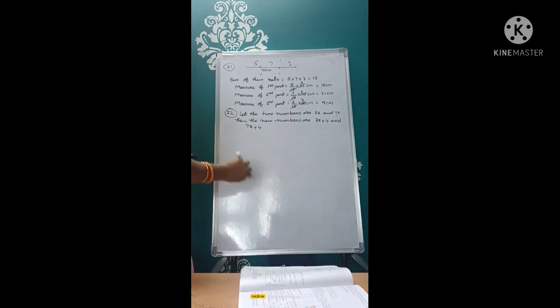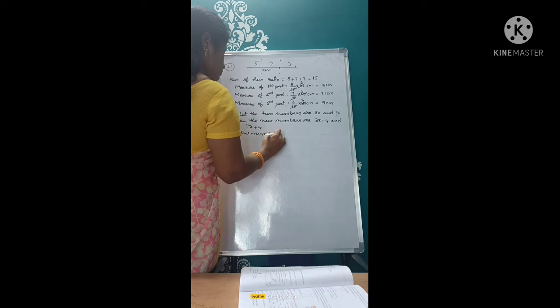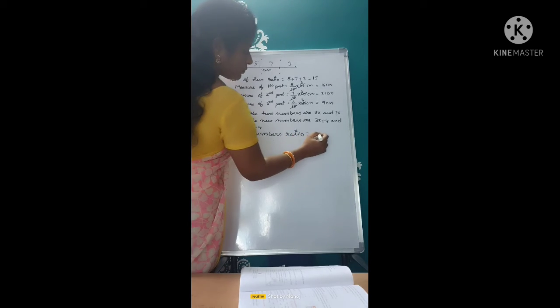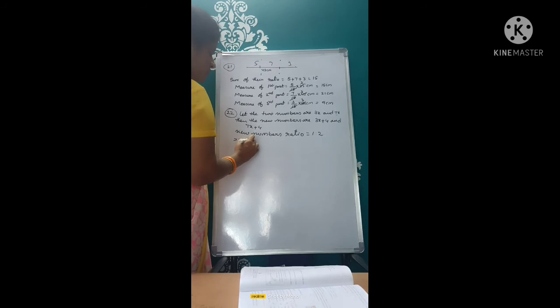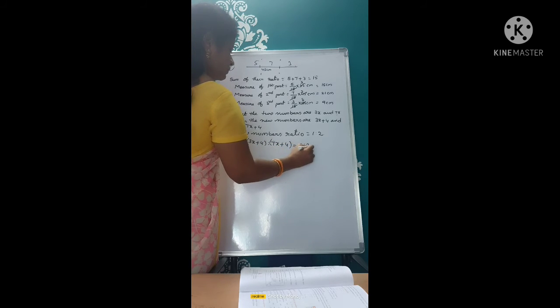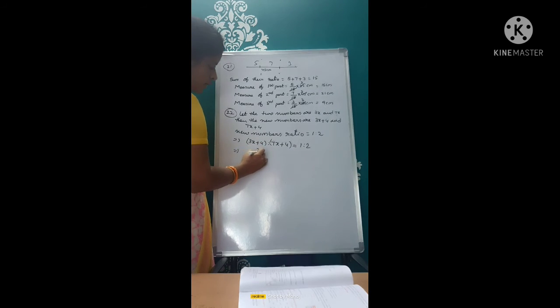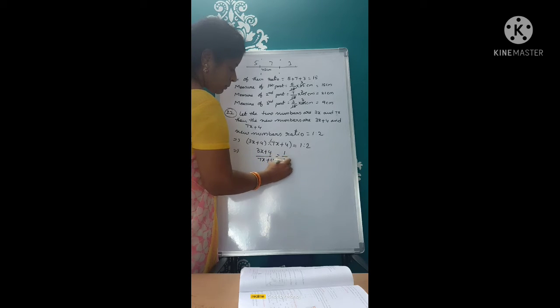Then the ratio becomes 1:2. New numbers ratio equals 1:2. So 3x plus 4 is to 7x plus 4 equals 1:2. So we can write in the fraction form: 3x plus 4 by 7x plus 4 equals 1/2.